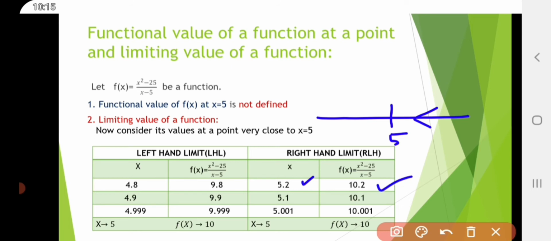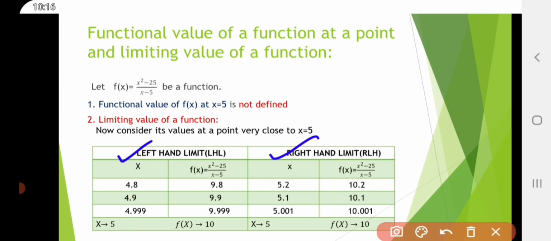When x equals 5.1, f of 5.1 is equal to 10.1. When x equals 5.001, the value of f of x at 5.001 is equal to 10.001. So when we go closer to 5, the f of x tends to 10.